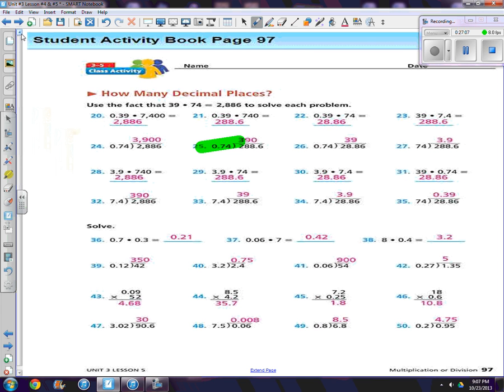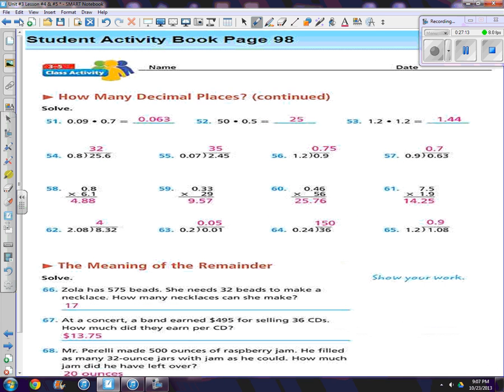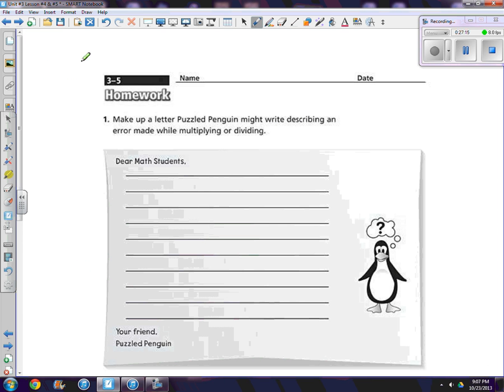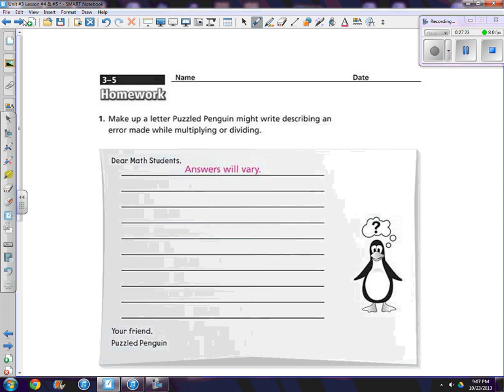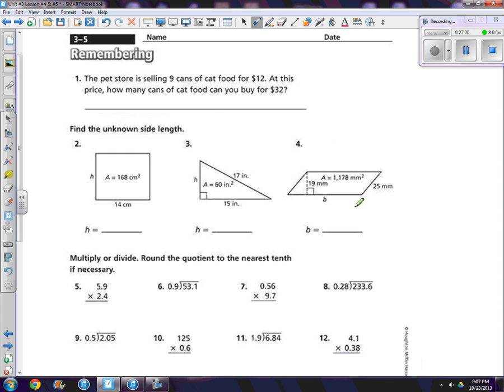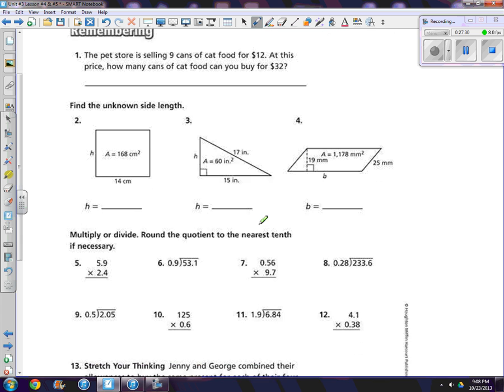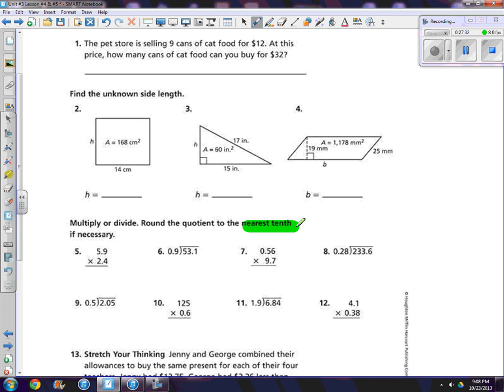All right. I think that's hopefully a pretty good understanding. Your homework for 3-5 would be you have a puzzle penguin, and you have to write a response back to them, and then some area or unknown sides, looks like a factor puzzle, some multiplying, rounding to the nearest tenth.